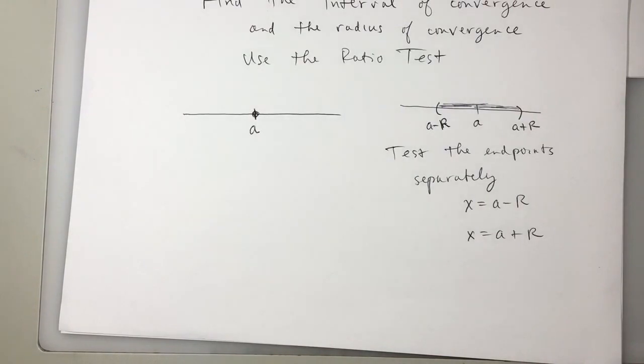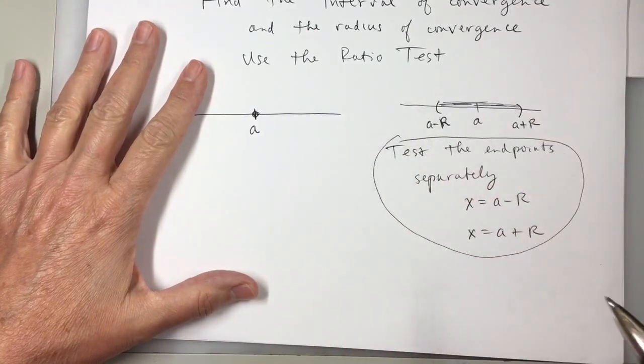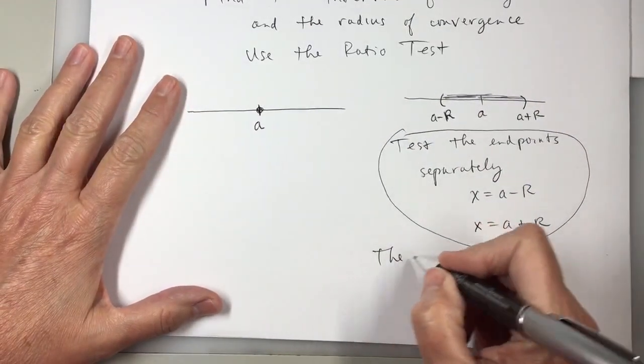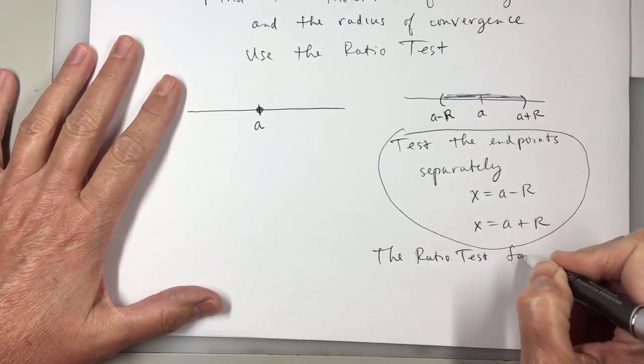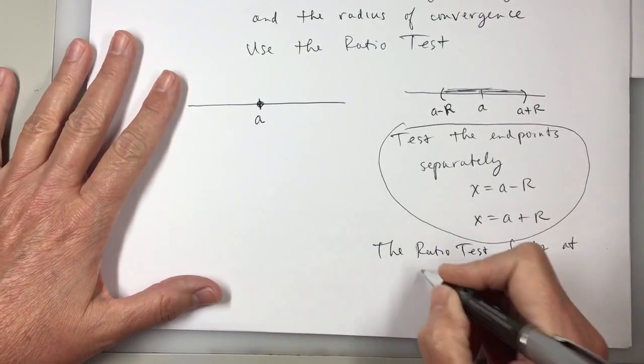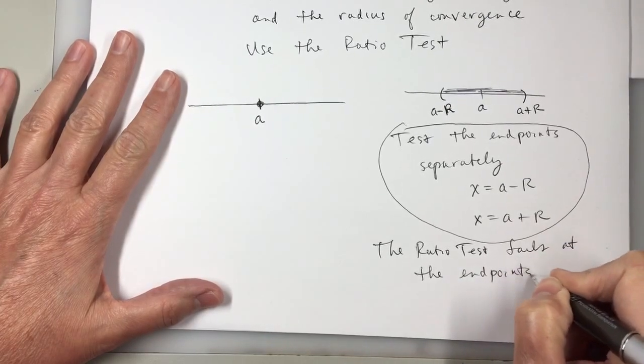And when you do that test, then you got to grab some of the stuff from earlier in the chapter, maybe alternating series or a p-series. Test them separately because that's where the ratio test fails. The ratio test fails at these endpoints. That's where the limit is 1.